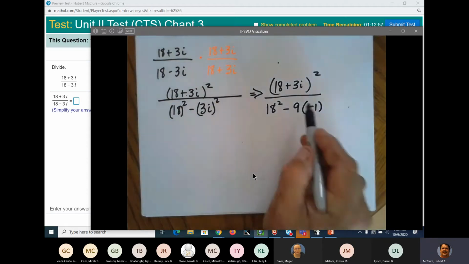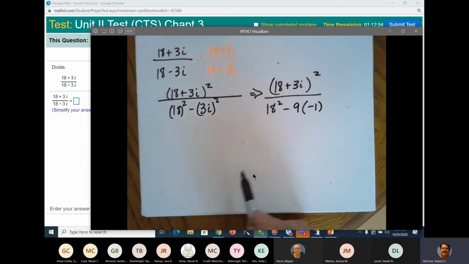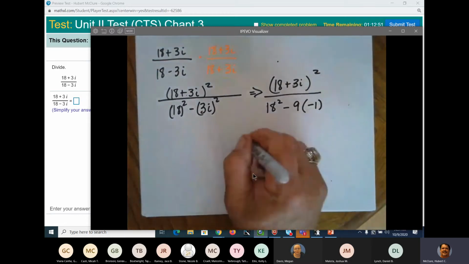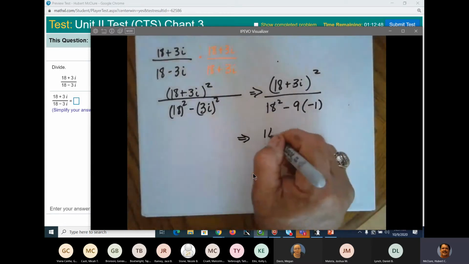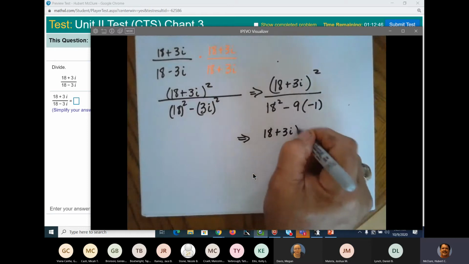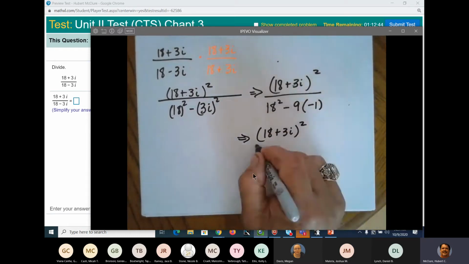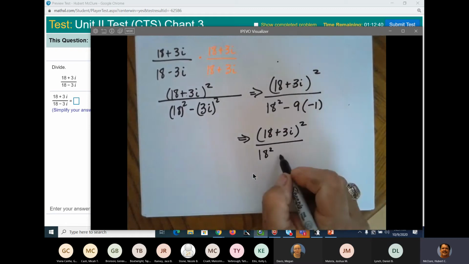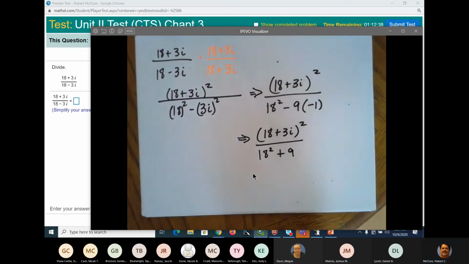This is where things are going to happen. Nothing's going to happen up there except you're going to get a trinomial. That's going to be 18 squared plus what? Plus 9. And of course, I don't care what that comes out to be.